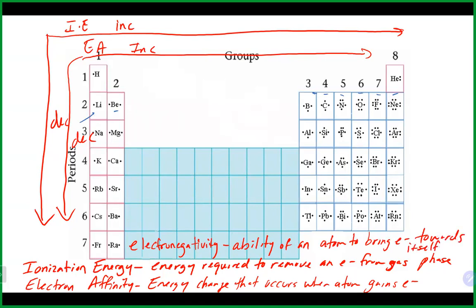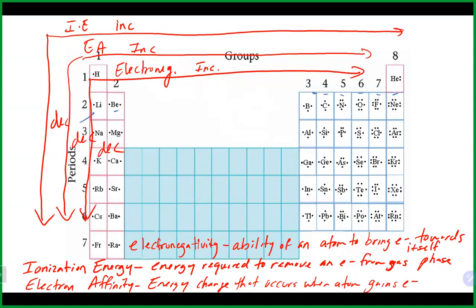And electronegativity increases as you go this way on the periodic table, and it decreases as you go down. The most electronegative element you could have is fluorine. That is because fluorine pretty much is as far up and to the right as you could go without hitting the noble gases.